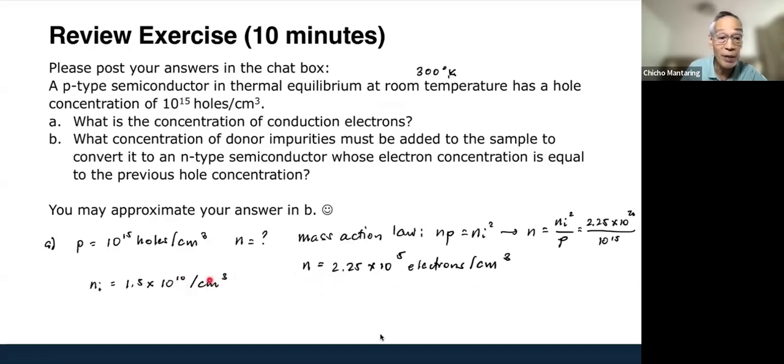Kapag intrinsic, ito yung concentration. Doped, ito yung naging concentration. Bakit ito lumiit? Lumiit ito dahil lumaki yung P natin. Lumaki yung P natin dahil nagkaroon tayo ng acceptor impurities, and as a consequence, liliit yung N because of the mass action law. So that's the first thing that I want to remind you about.